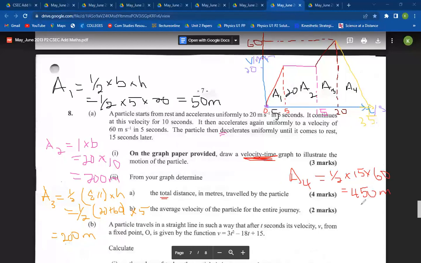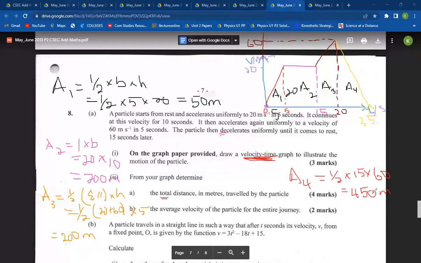So now I know the distance traveled for each one of these. For A1, it's 50. A2, so from here to here, it's 200. A3, from here to here, it's also 200. And then for A4, from here to here, it's 450.